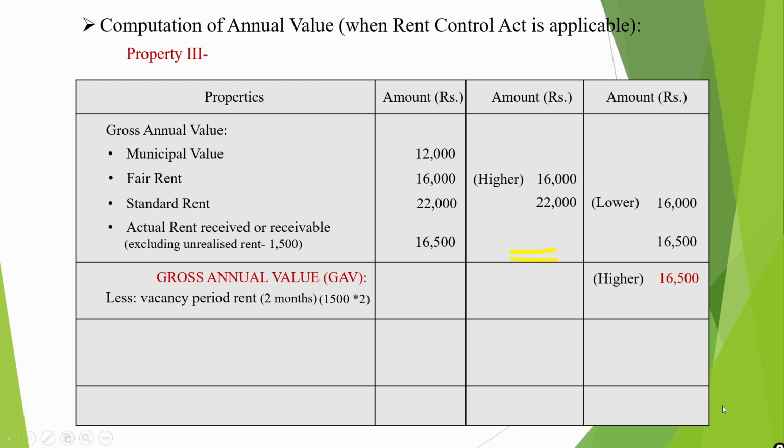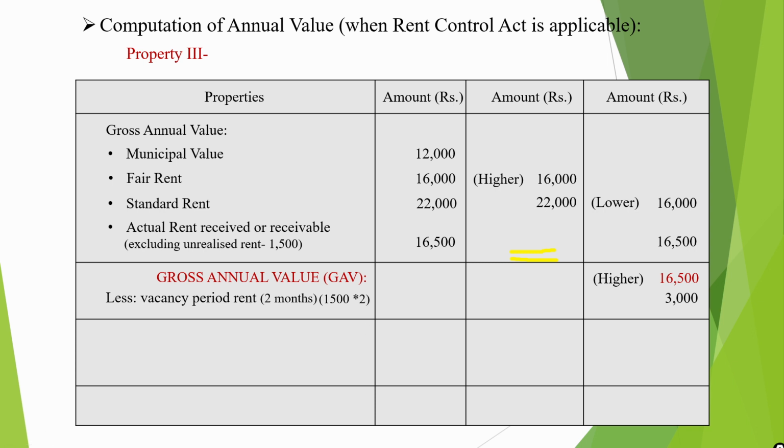Okay, and for 2 months vacancy, the vacancy period rent is 3,000. That is the monthly rent 1,500 multiplied by 2 months, it is 3,000.